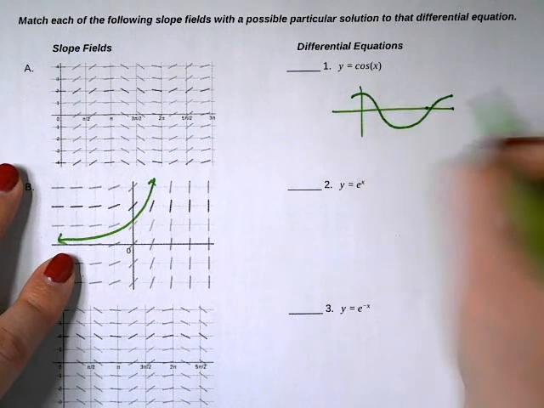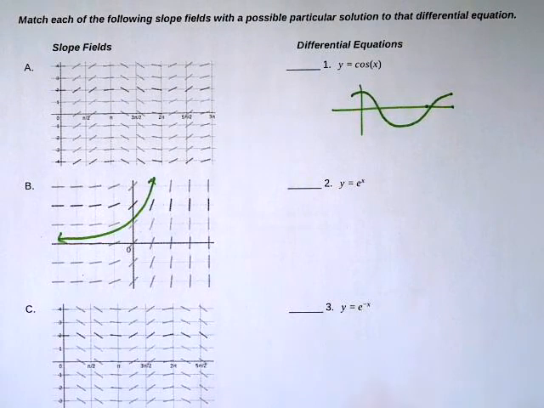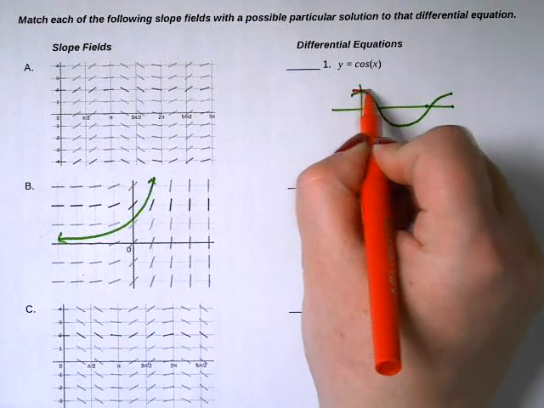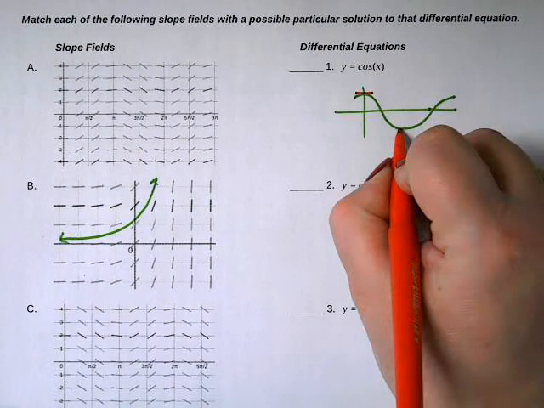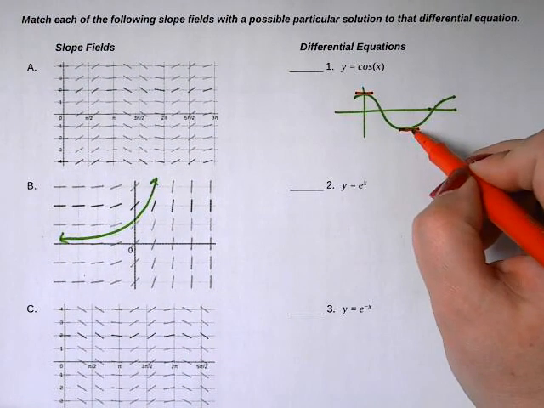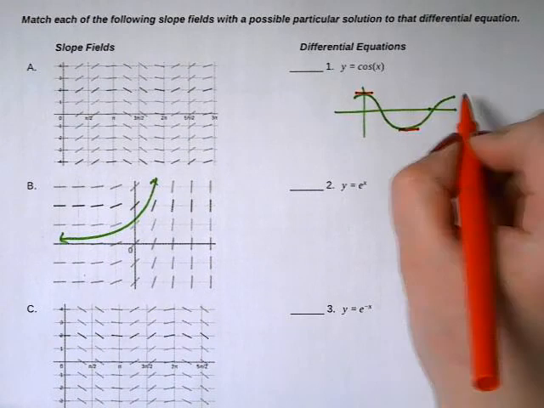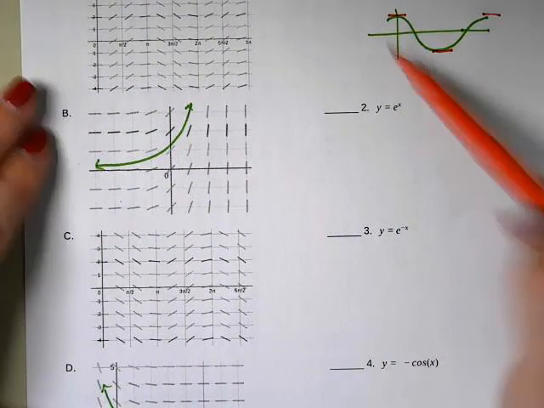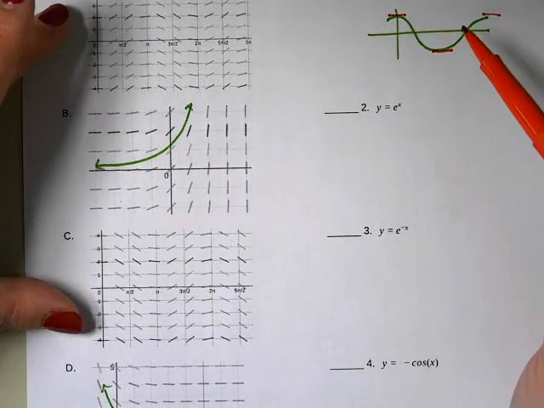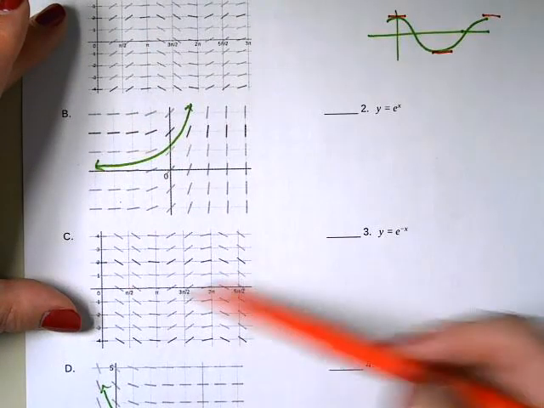So if we think about what the slope field for that would look like, at the y-axis, we would have a slope of 0. Then we would have negative slopes until it hit 0 again, then we would have positive slopes until it hit 0 again. So we need to look at these graphs and decide which one matches this. Well, A and C are both the ones that we decided looked like trig functions.